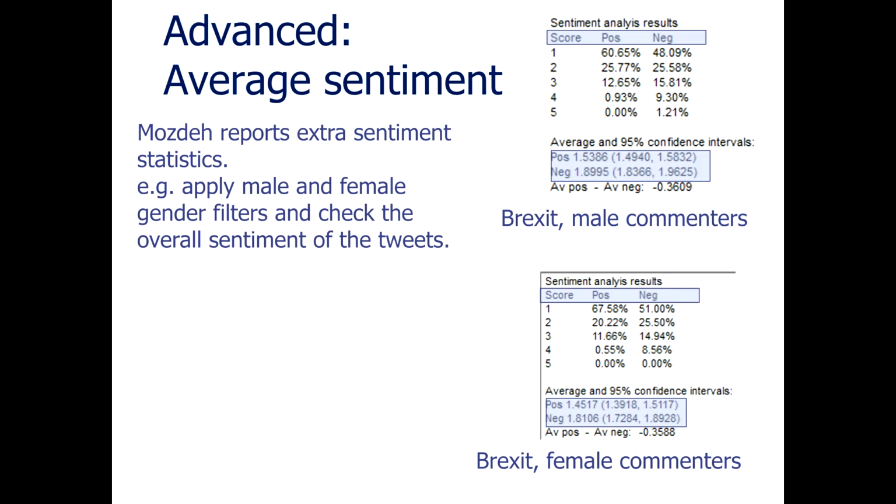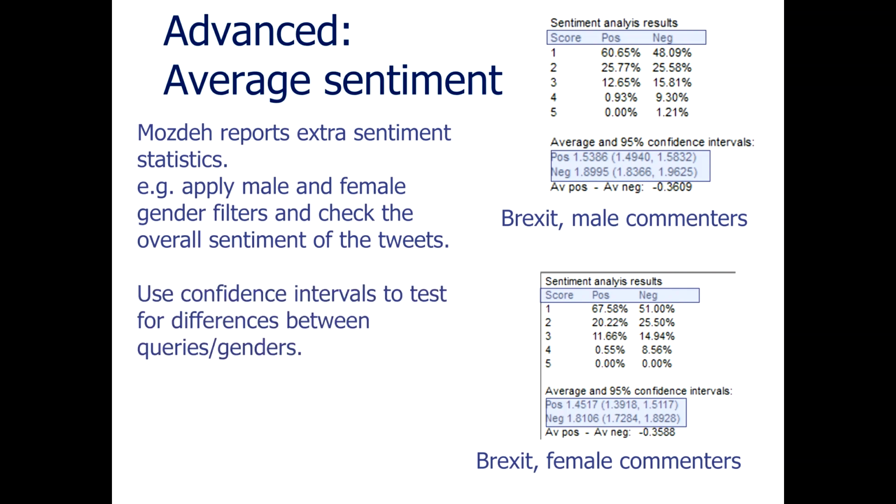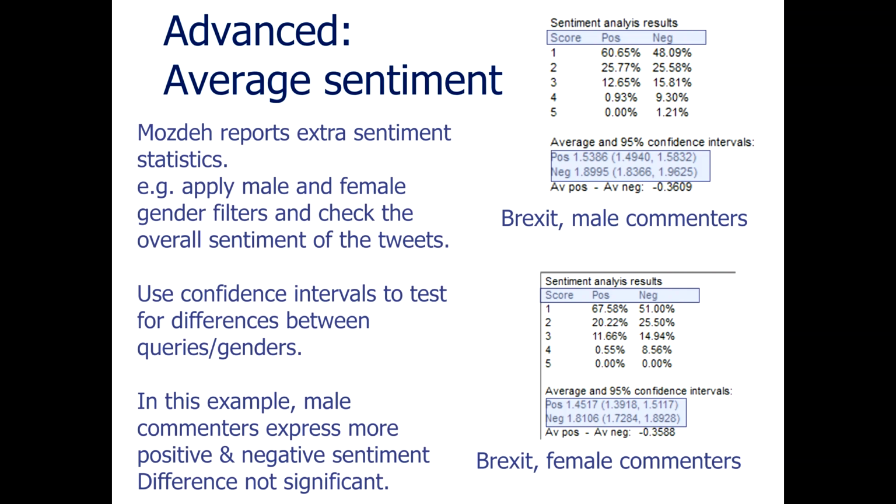It also gives you a statistical 95% confidence interval, and you could use that to test, for example, as done here, whether male tweets are more positive or less positive than female tweets. So you can statistically test for gender differences with this, if that's interesting to your project. In this example, male commenters express more positive and negative sentiment, but the difference isn't statistically significant.